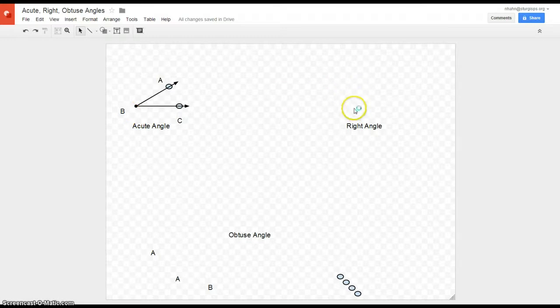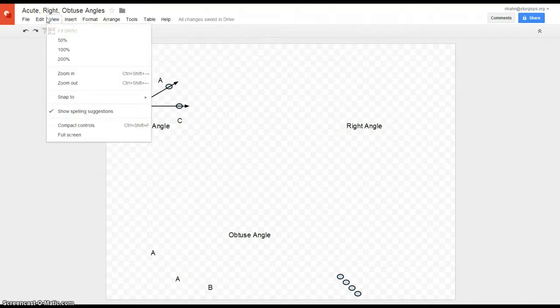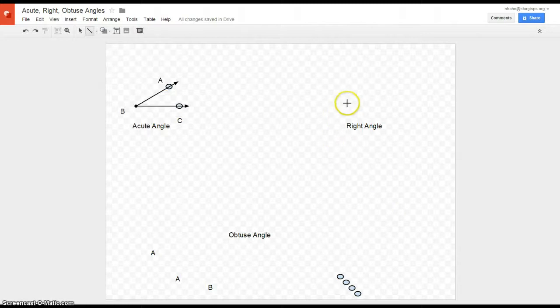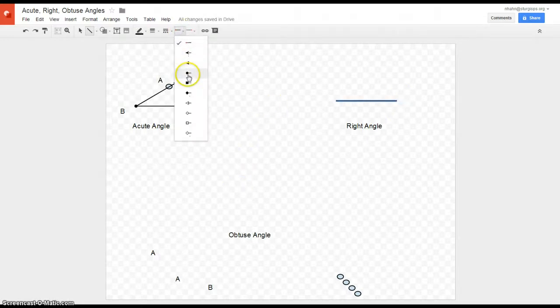Now we're going to draw a right angle. I'm going to do the same thing I did before. I'm going to make a line, and actually I'm going to delete this real quick. Now I'm going to draw my line. And I'm going to start with a point.